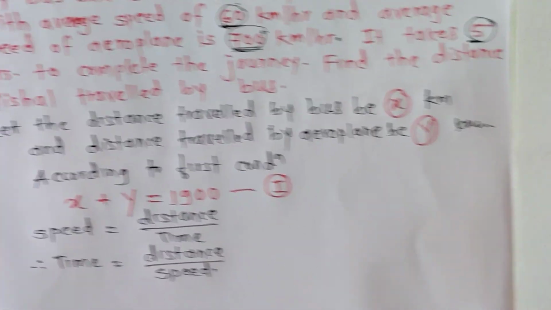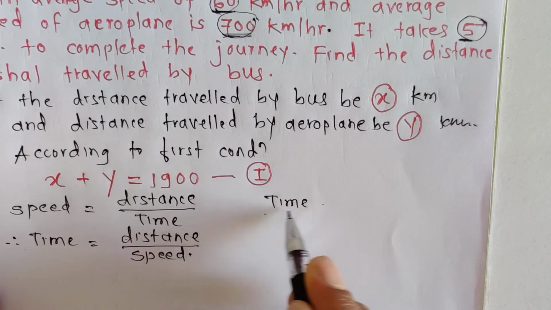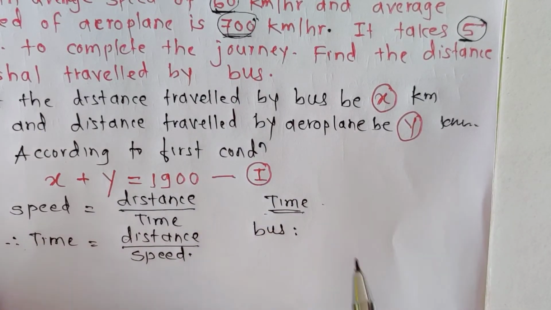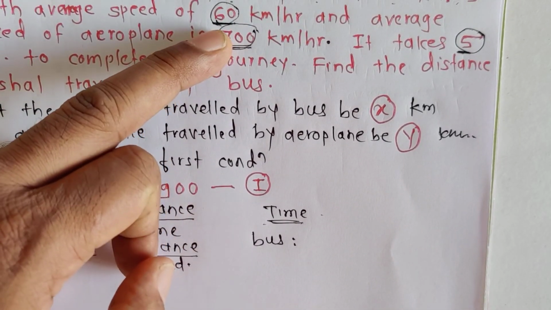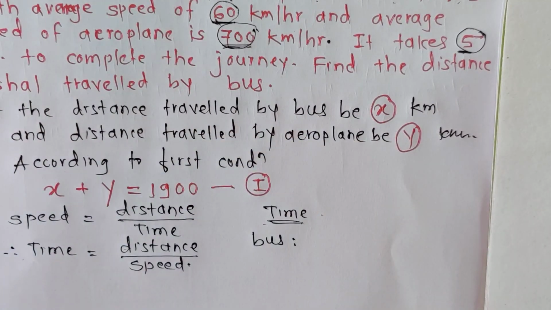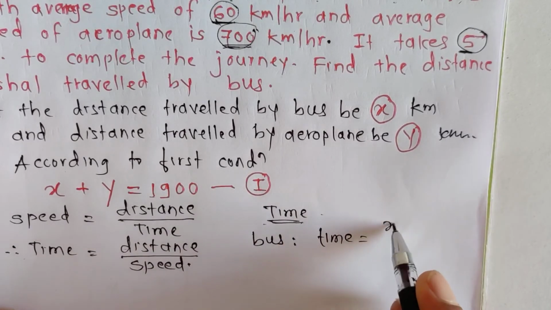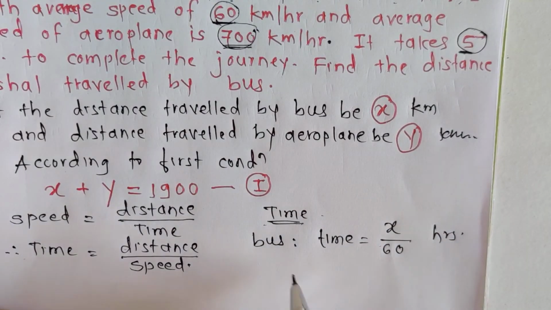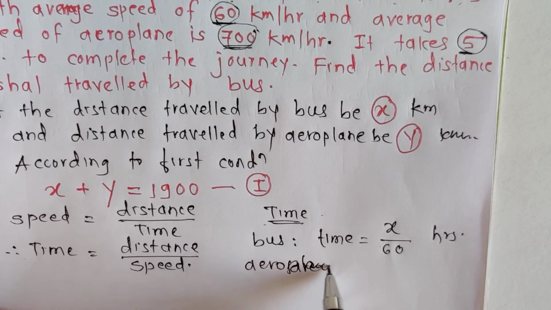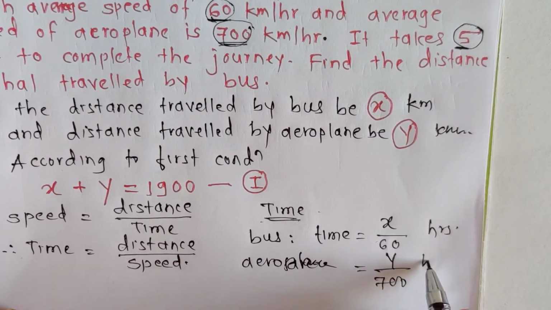So here in rough work, if we calculate the time taken by bus, what is the average speed of the bus? 60 km per hour. And the distance is x. So what is the time taken by bus? Time is equal to distance x divided by 60, that is hours. And by aeroplane, the time taken is distance y divided by 700, these are hours.